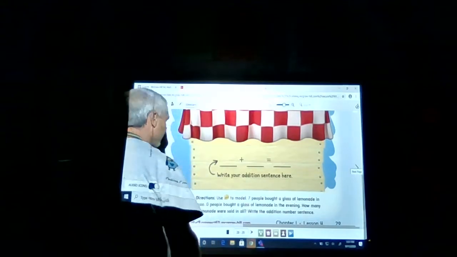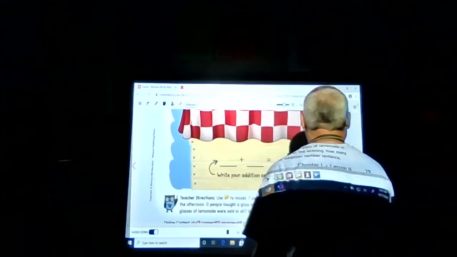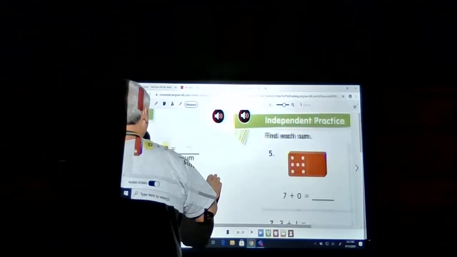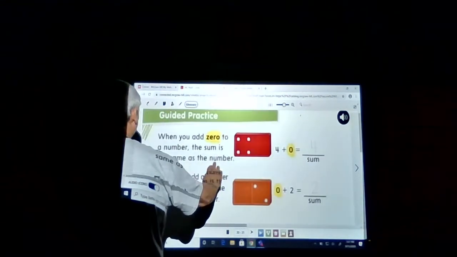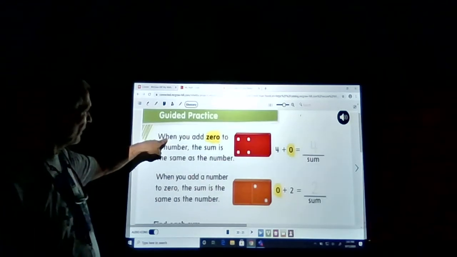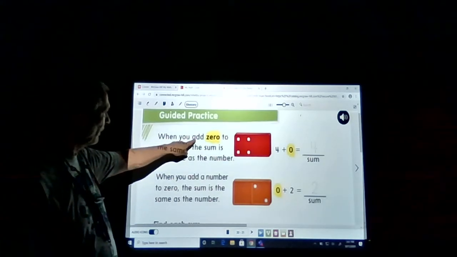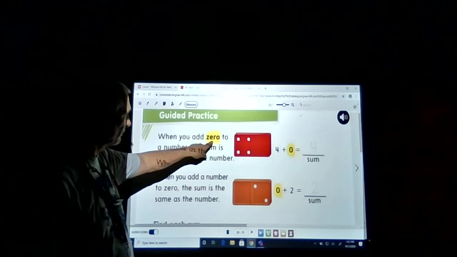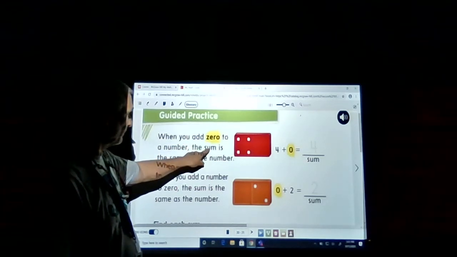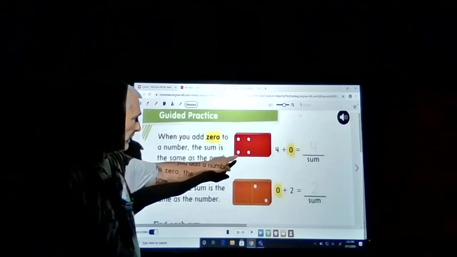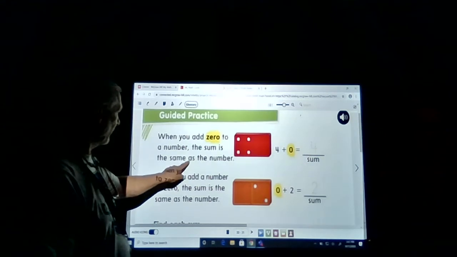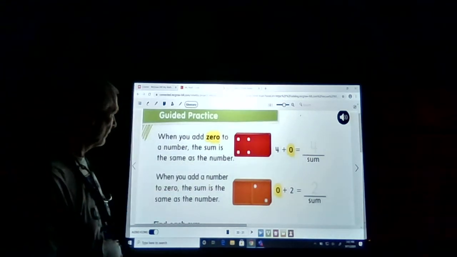So turn your page. Here we are. I'll read, you can follow along. When you add 0 to a number, the sum, that comes after the equal sign, the sum is the same as the number.